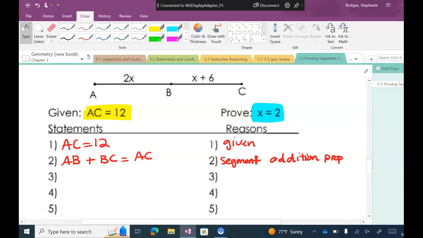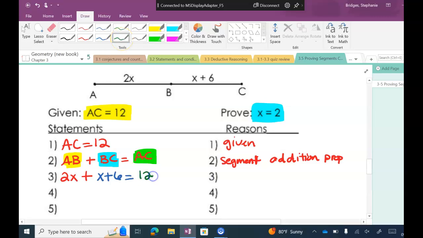Okay, now, if I have that AB plus BC equals AC, let me ask you this. What else do you know about AB if you look at your picture? It equals 2x. So could I take AB out and put 2x in its place? Okay. Then if I bring down my plus sign, what else do you know about BC? It's equal to x plus 6, so I can take that out, correct? And then what else do you know about AC?